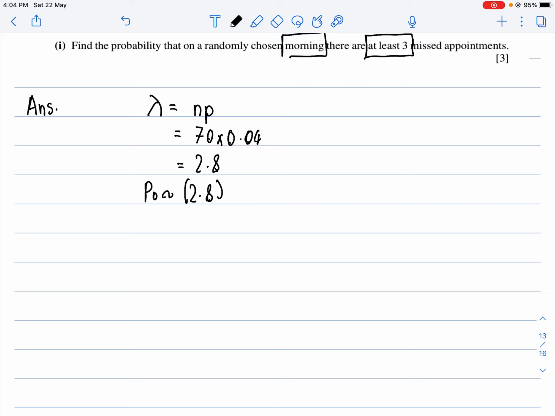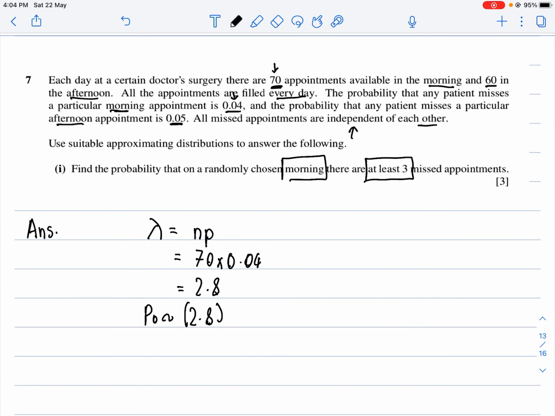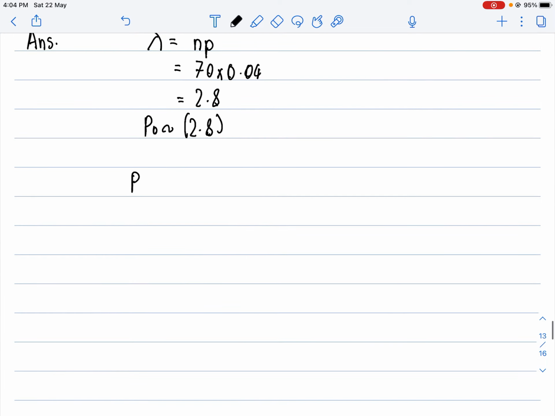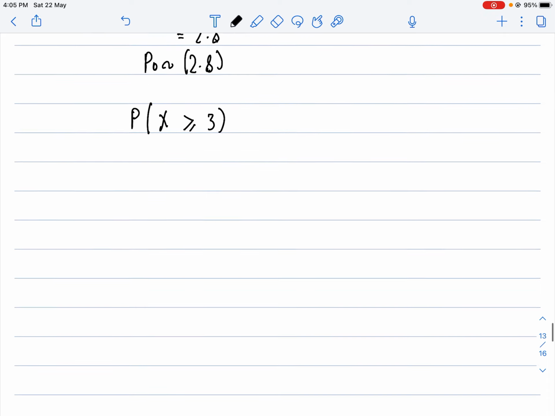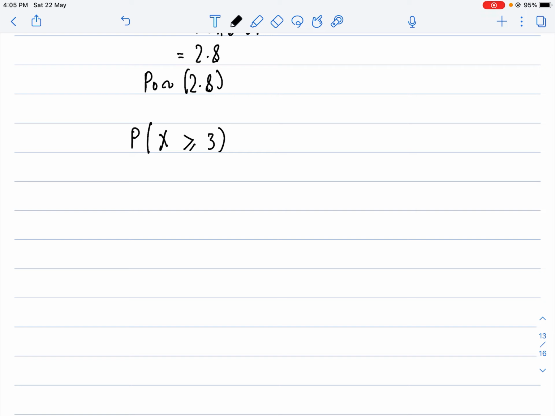So now we should calculate for at least 3. I told you, at least always means the more than or equal to sign. So at least 3 means 1 minus the probability of x equals 0 plus the probability of x equals 1 plus the probability of x equals 2.